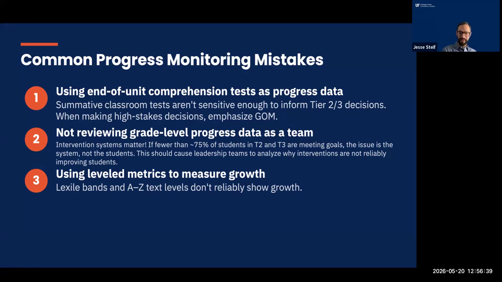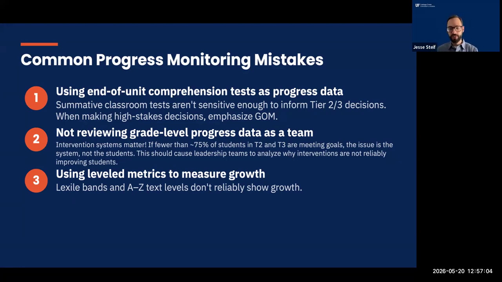And a level M text may actually be more difficult than a level N for some students. And so if we assess a student as moving from an M to an N, that may not actually mean anything, depending on the books that we choose, or the types of decisions that we make based on that growth or lack thereof.